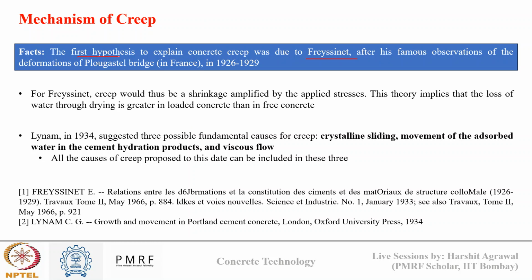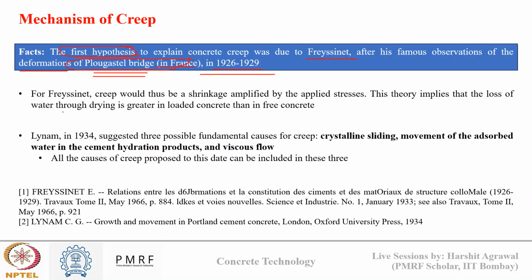He made this hypothesis based on his observation of the deformation of the Plougastel bridge in France. He saw how this bridge was deforming, and based on its deformation pattern, he hypothesized what creep is. This he did in the 1926 to 1929 period.